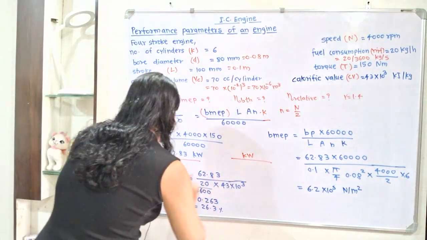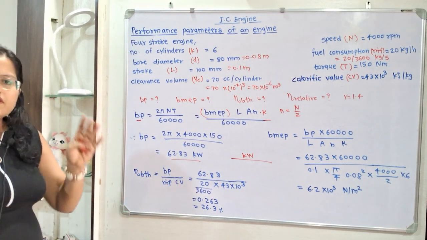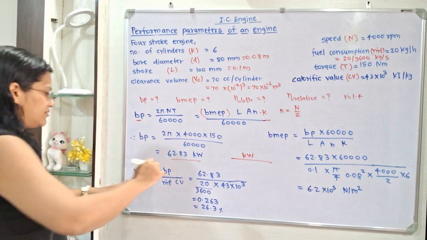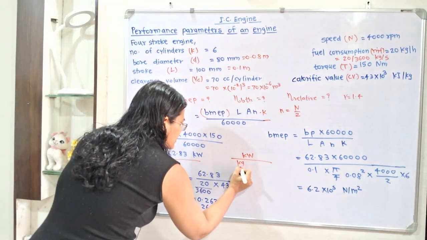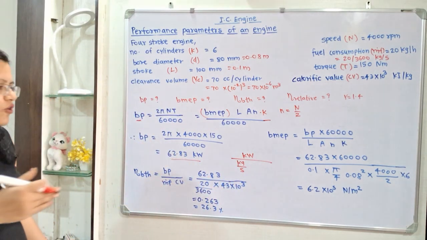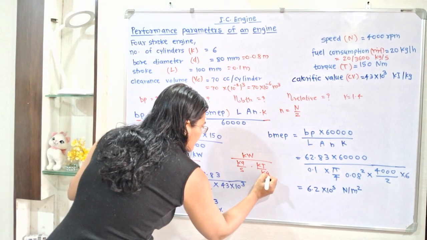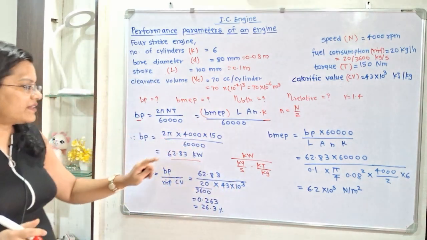In the denominator, mass flow rate of the fuel is in kilogram per second, and calorific value is in kilojoule per kilogram.